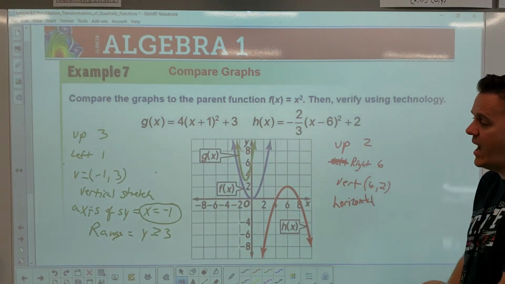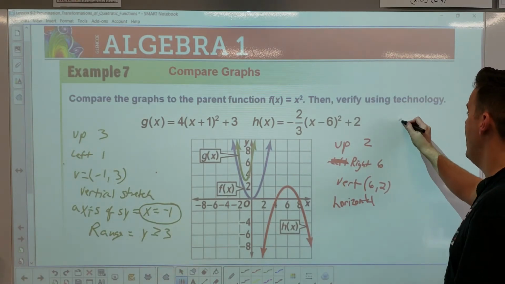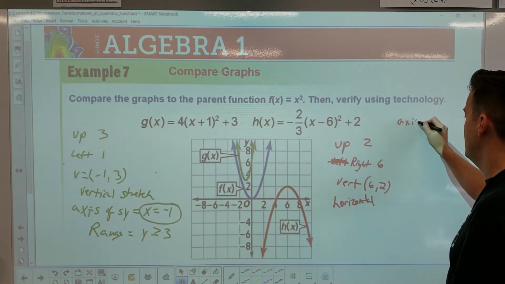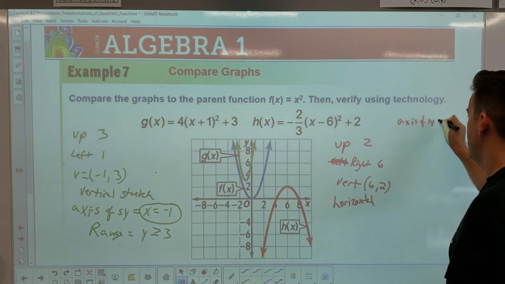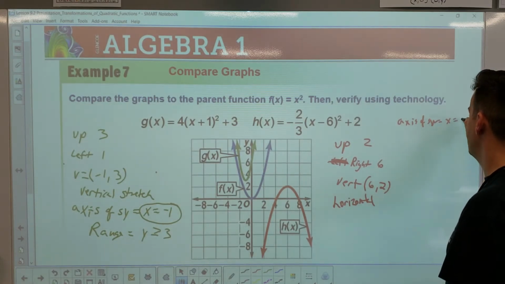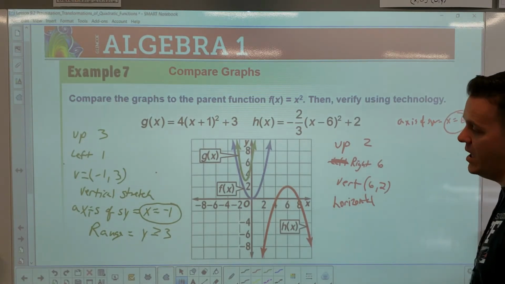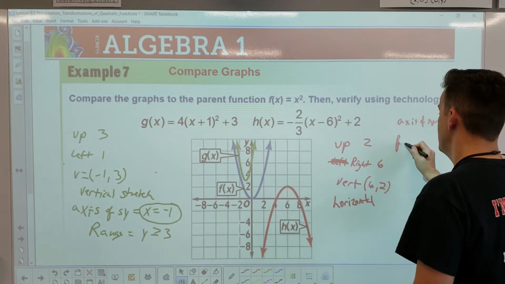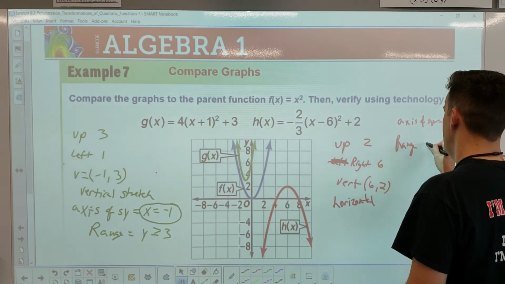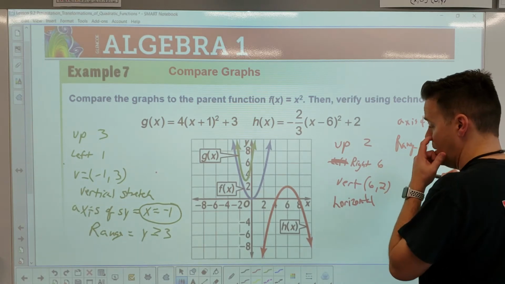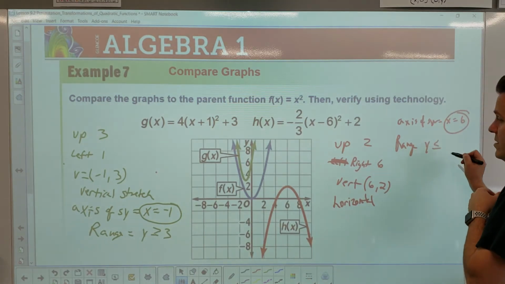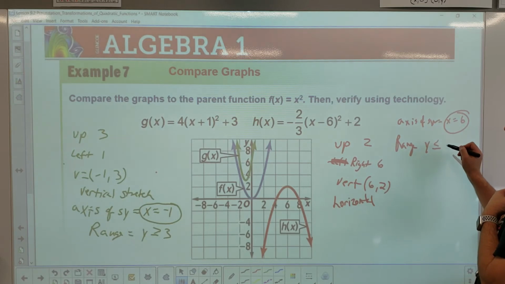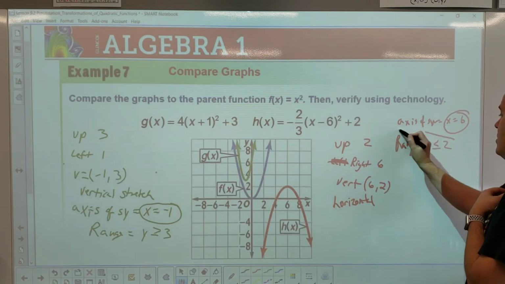Okay, and then axis of symmetry is what? Axis of symmetry is x equals 6. And then what is my range? My range is going down, so y is less than or equal to 2.